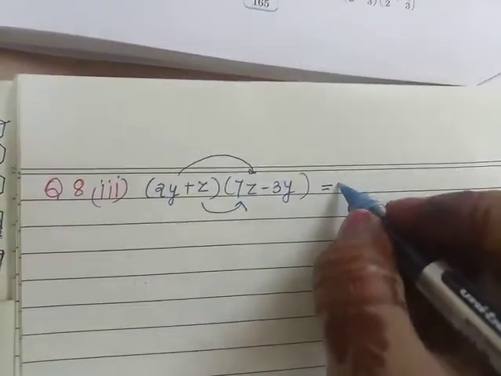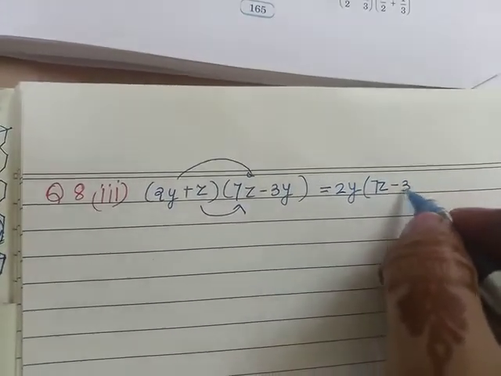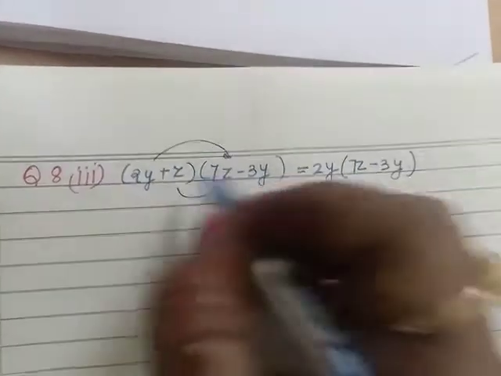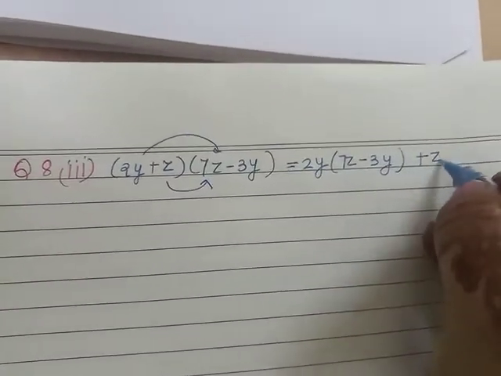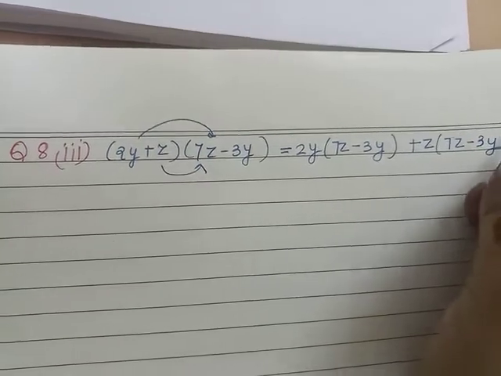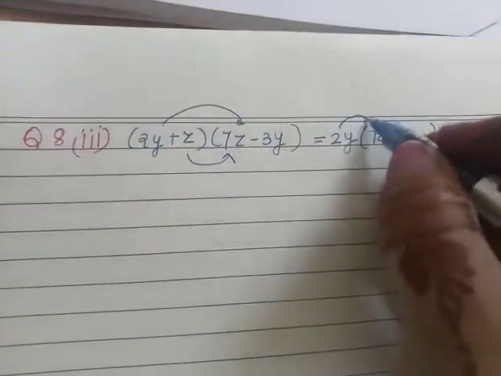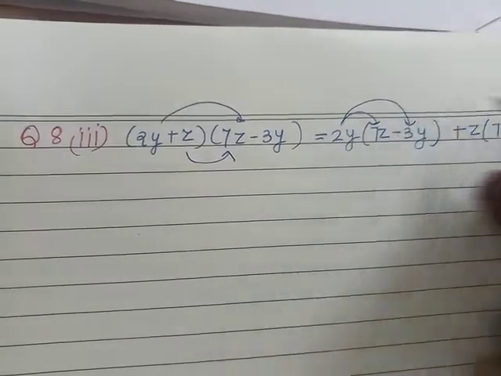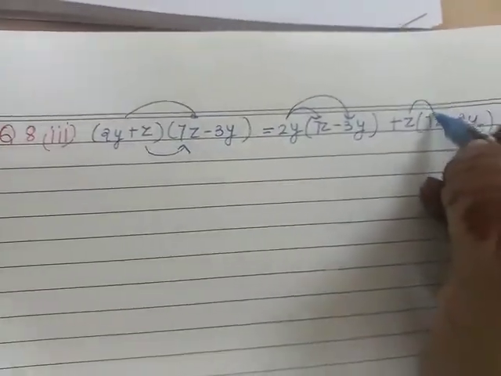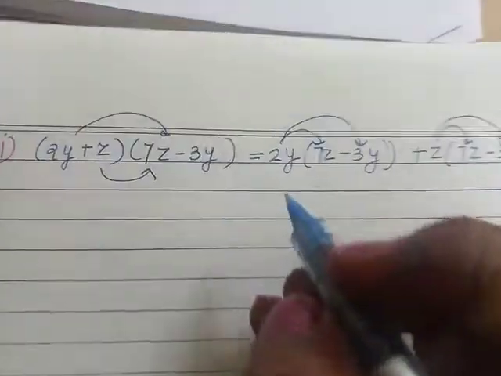So how we write? 2y into 7z minus 3y plus z, 7z minus 3y. Now this 2y is being multiplied with both the terms inside the bracket, as well as z is being multiplied with both the terms inside the bracket.